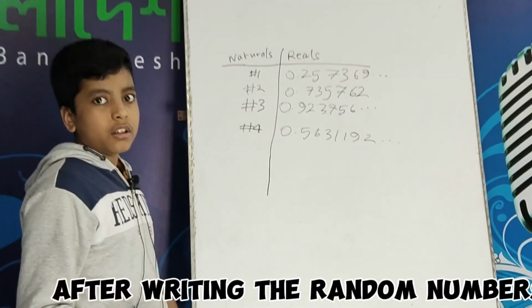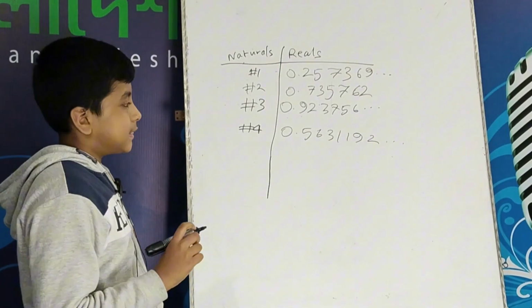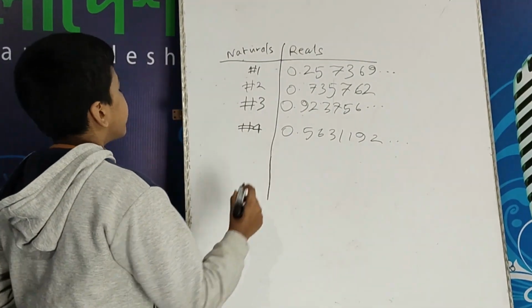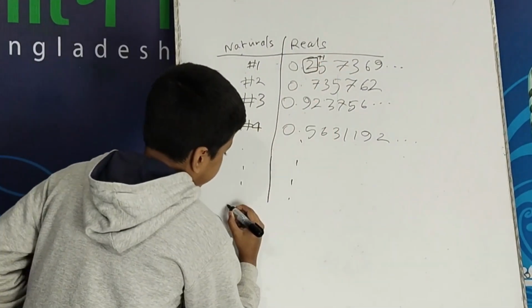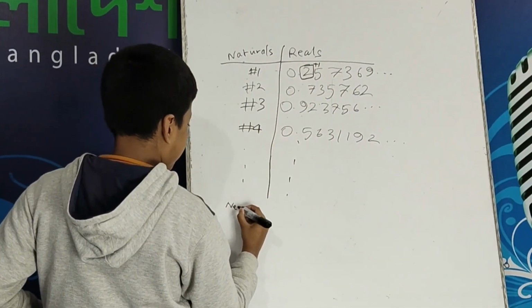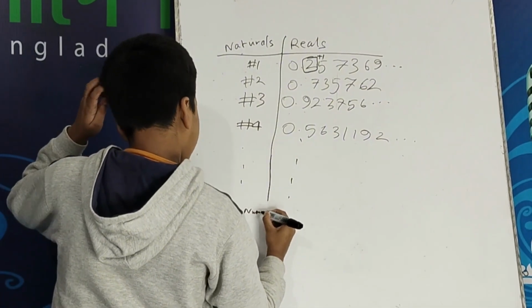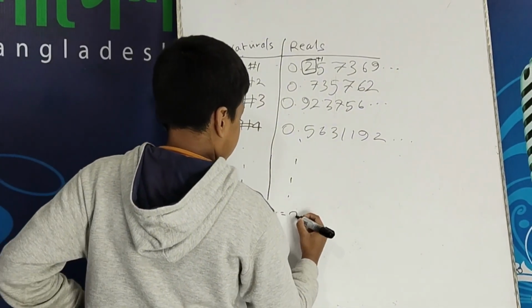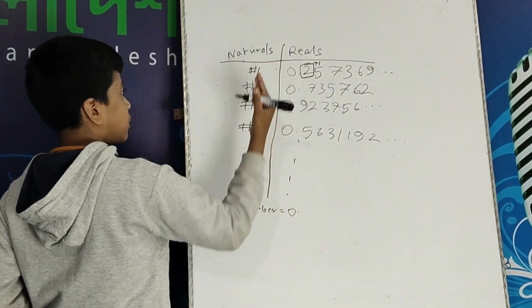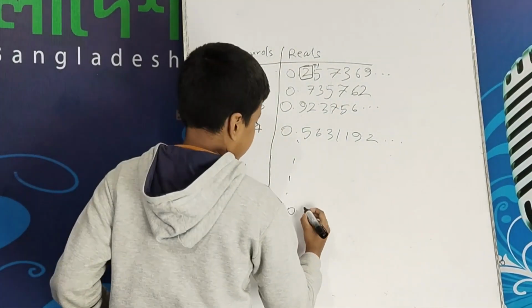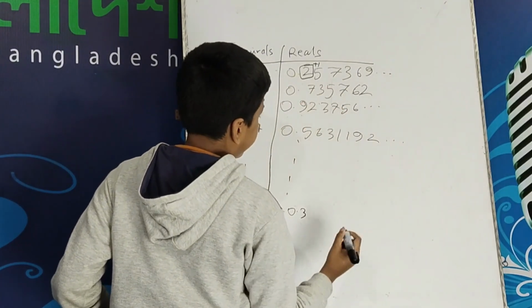So basically, what we do is we take the first number and add 1. We form a new number: 0 point. We take the first decimal digit of the first number and then add 1. So 2 plus 1 is 3.